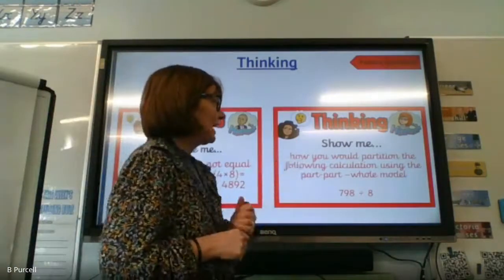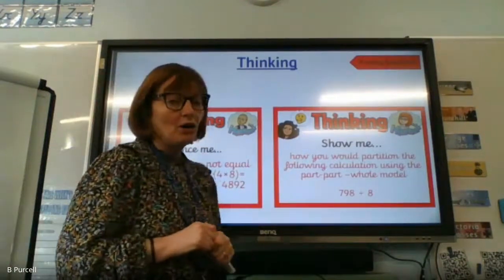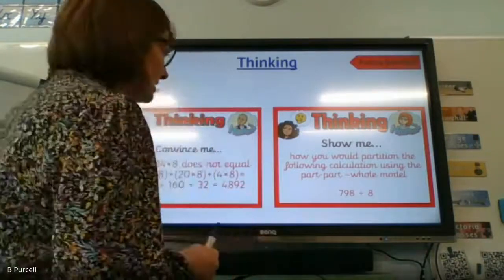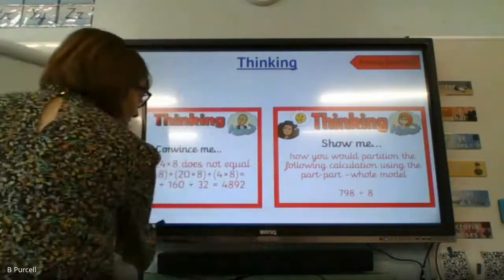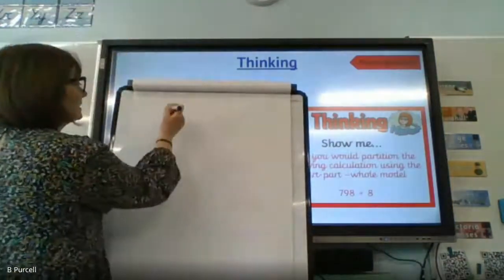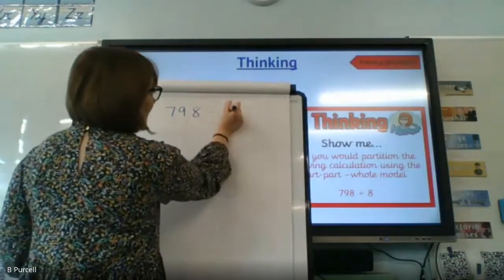Number 2, show me how you are partitioning the following calculation using the part-whole model. So looking at the learning that we did yesterday, we've got 798 divided by 8.